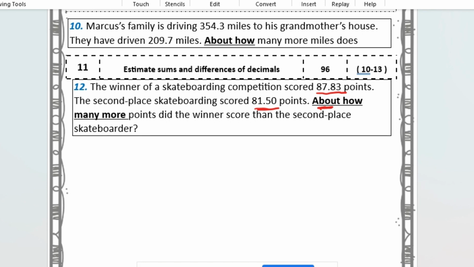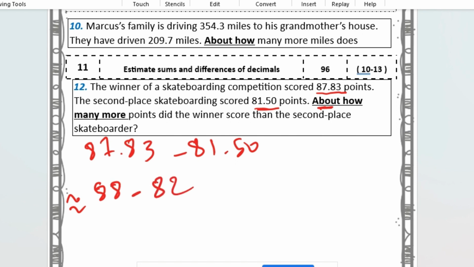Okay, so 87.83 minus 81.50. When you estimate it, this will become 88 minus 82.